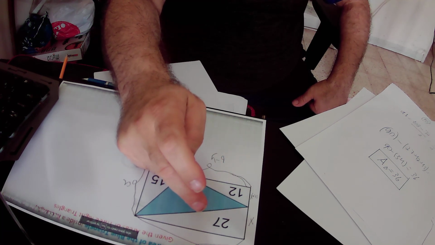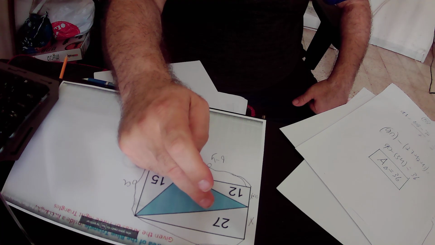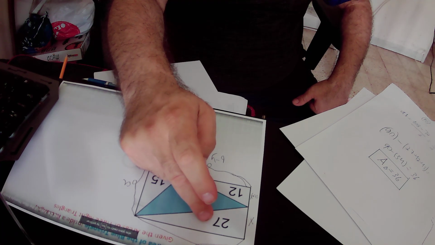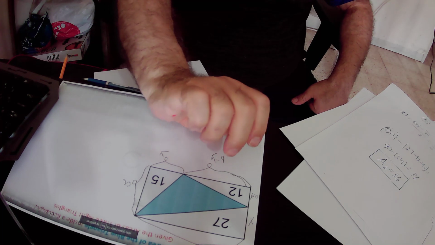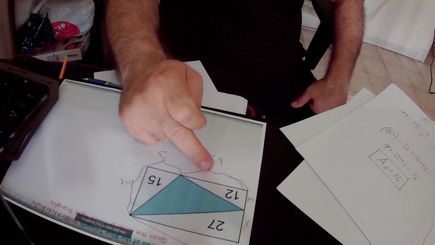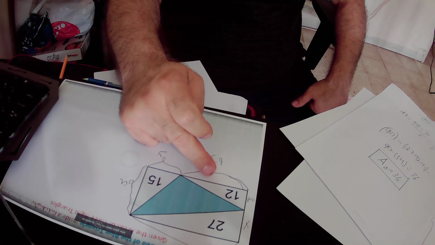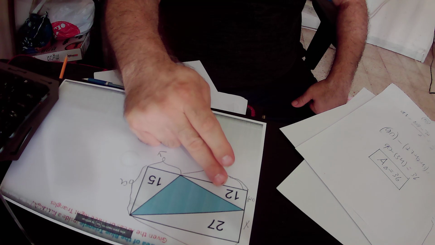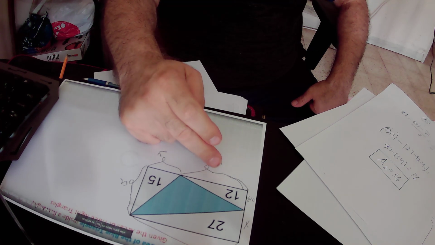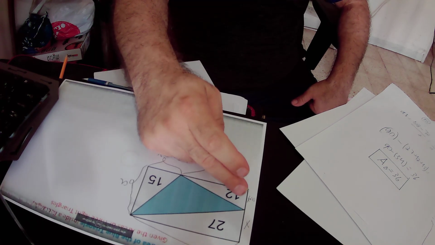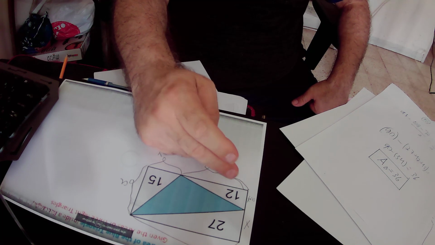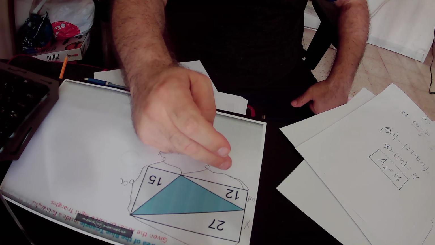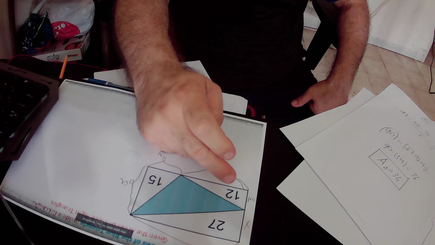So b times x divided by 2 equals the area of this triangle, which is 27. And the third equation was the area of this right triangle, that is the base b minus y times the height a minus x, all divided by 2. And this area equals 12.